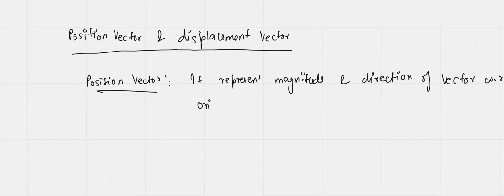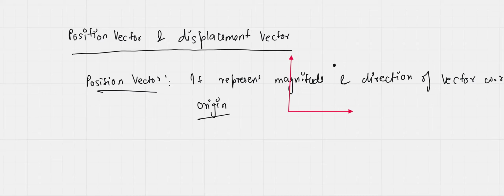Is that clear? Because if this is my x and y plane, and I ask you what is the direction of this particular point, I can't actually say, because I'm taking it with respect to this particular point.